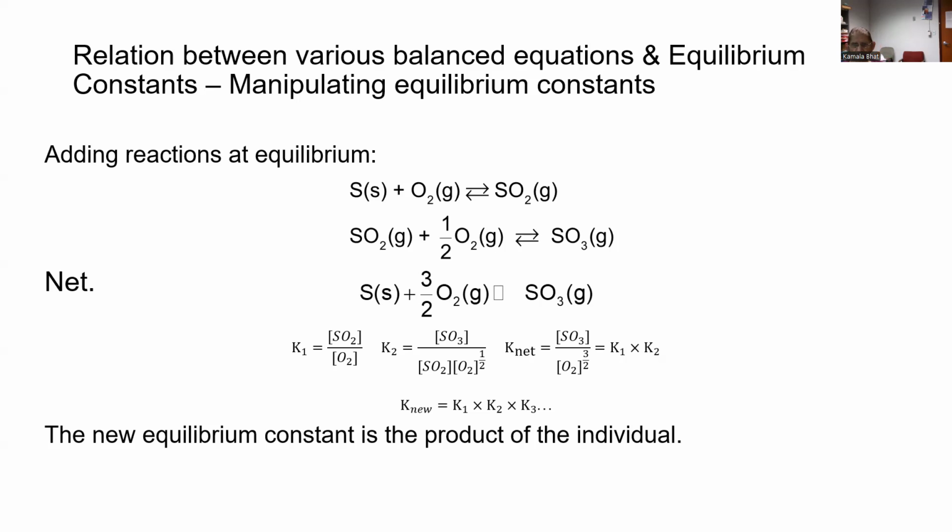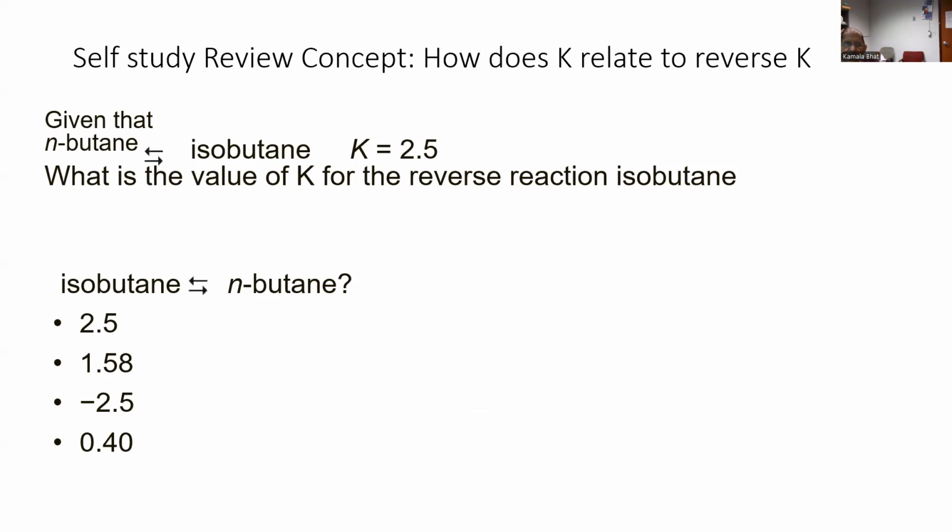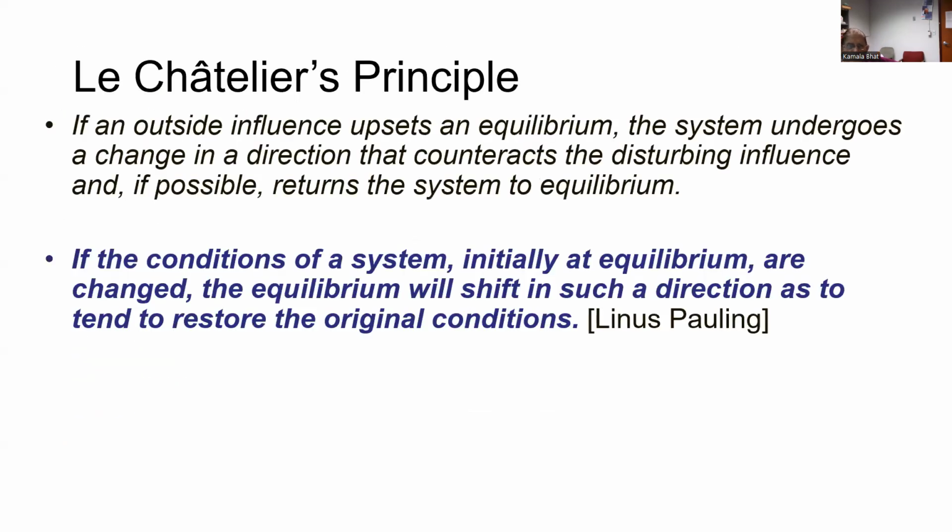And so by just looking at these two steps and multiplying them, we get that K net, the equilibrium constant for the new reaction, is a product of the individual K values. After this, you have a study concept equation. There are two problems to ensure that you have understood how to solve the relation between old and new equilibrium constants for a given chemical reaction.